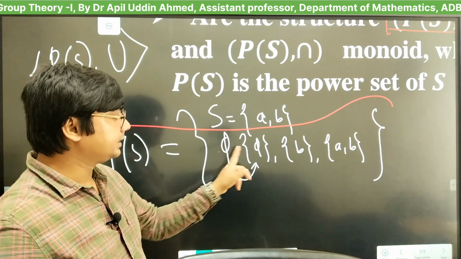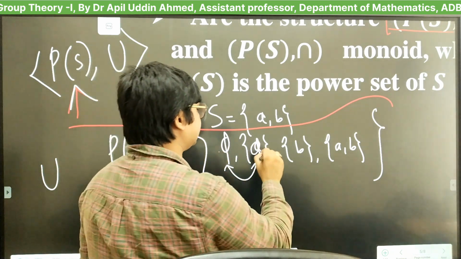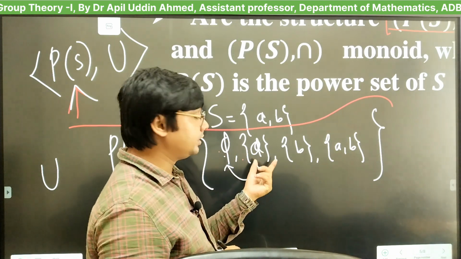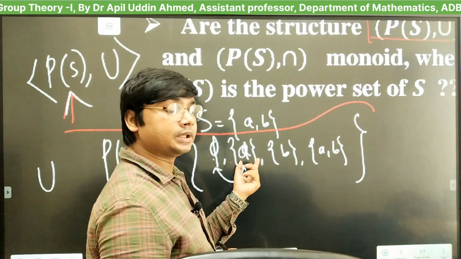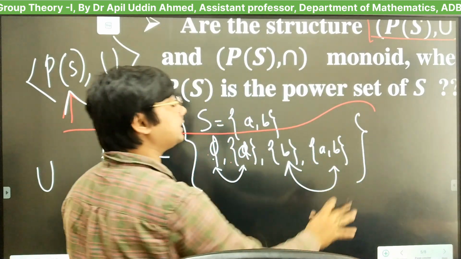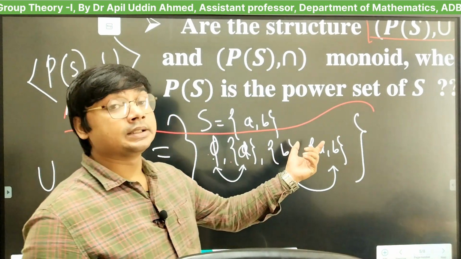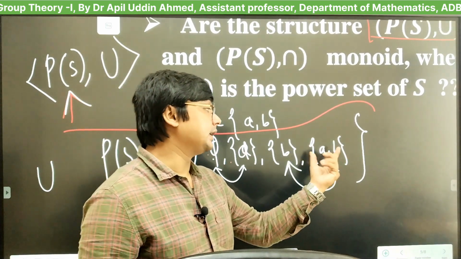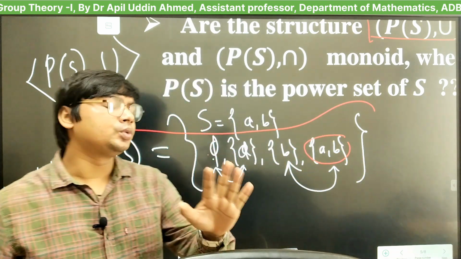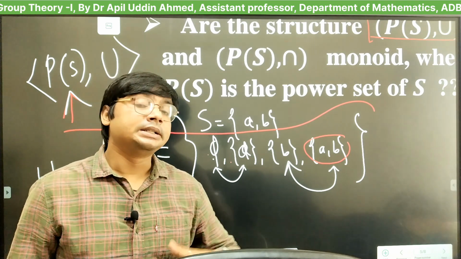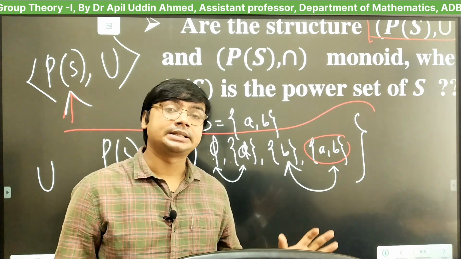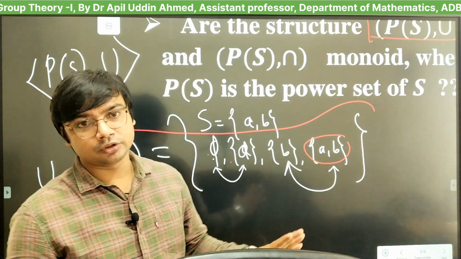If we consider phi and the set A, their union will be A only, so this set will be there. Again, if we take the union of the sets A and B, the resultant set will contain A and B, so this set will be there. So if we consider any two sets from here, their union will also be here, which means this power set is closed with respect to union, right?